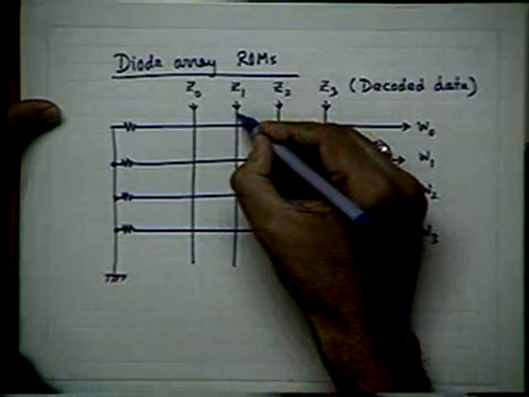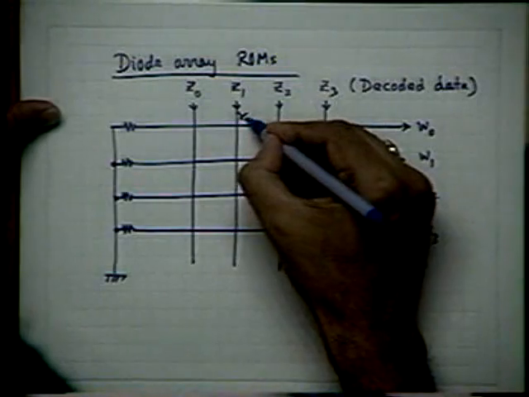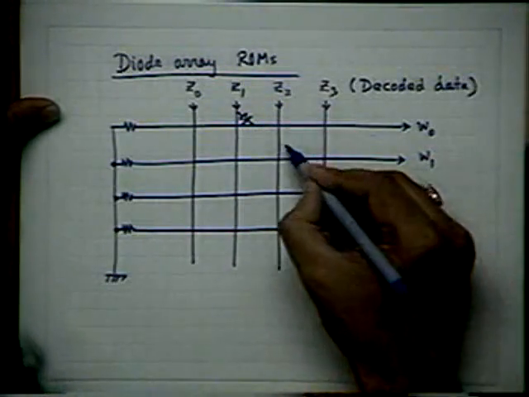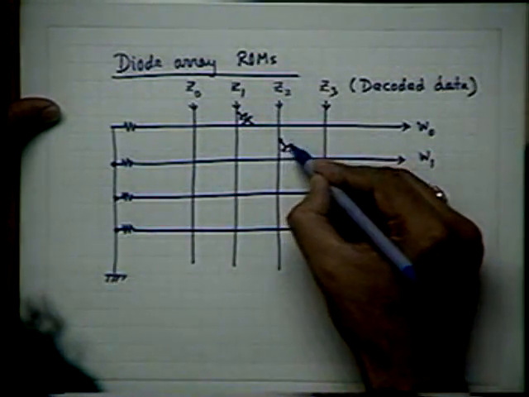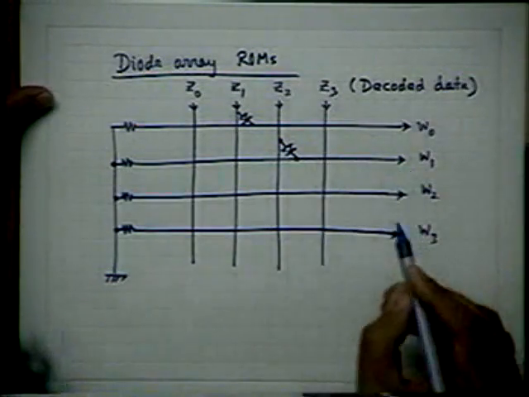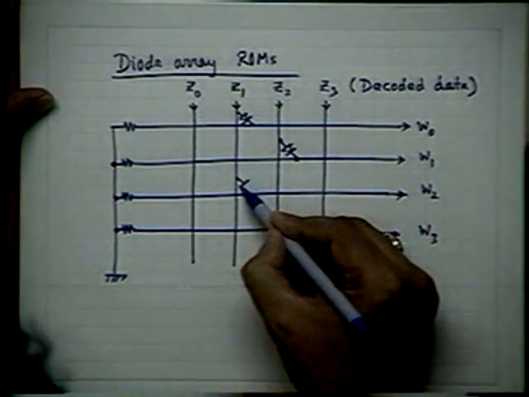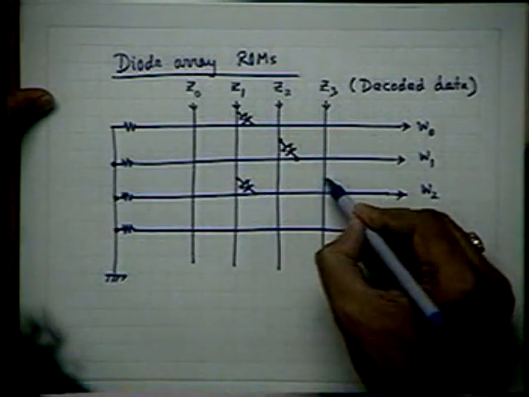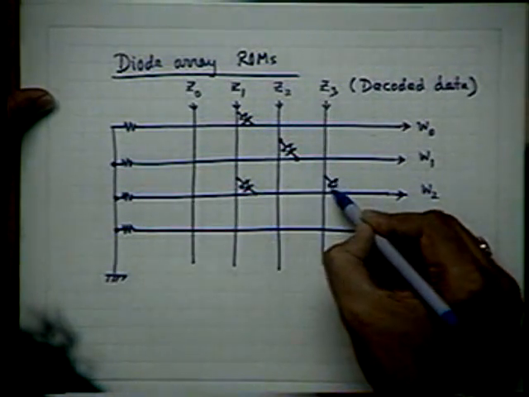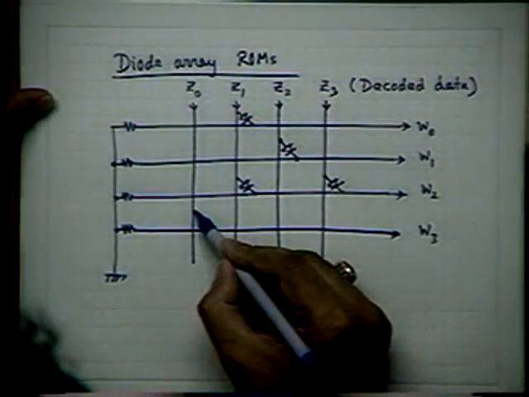Simple PN junction diode. But these diodes will be connected or not, that depends on what kind of data we are storing. For example, suppose I just connect a diode here, maybe one diode here, maybe one diode here, maybe one diode here.